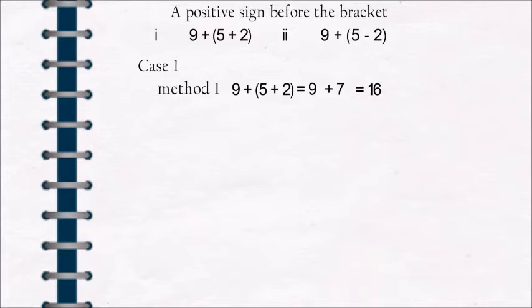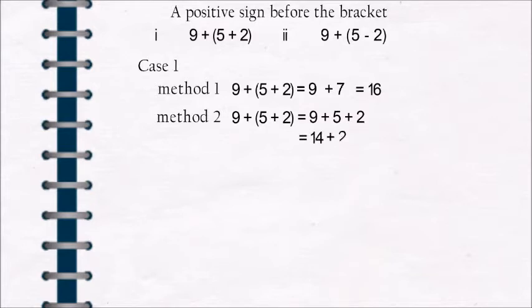Now, the second method is to say, let's remove the bracket. So we have 9 plus 5 plus 2. So when we add 5 to 9, it gives us 14. Then when we add 2 to 14, we also have 16. The result is the same as the first method.